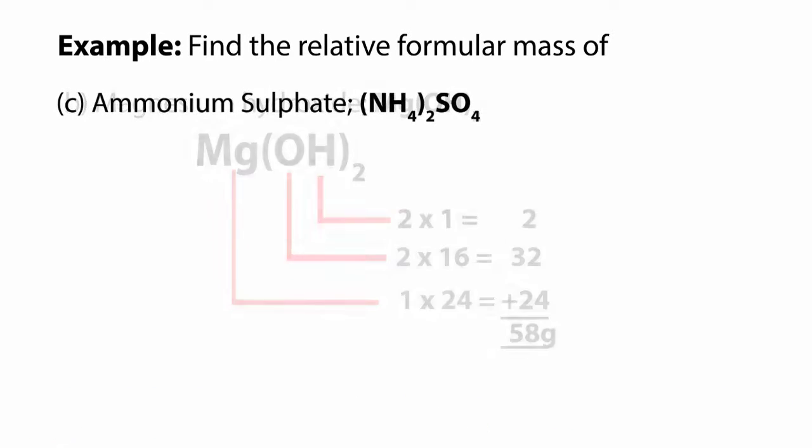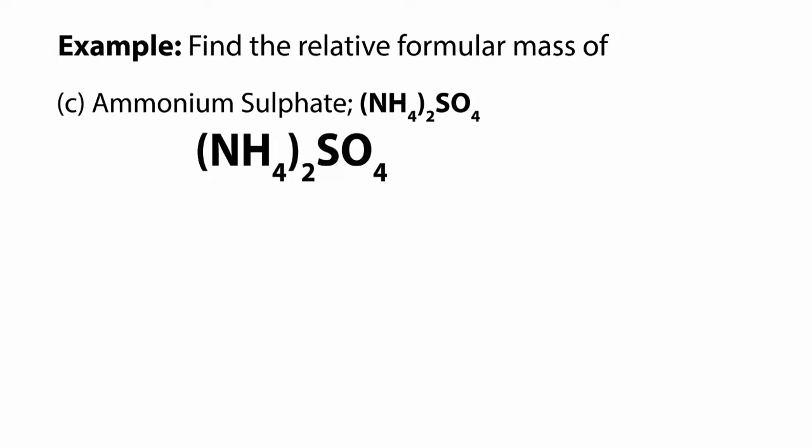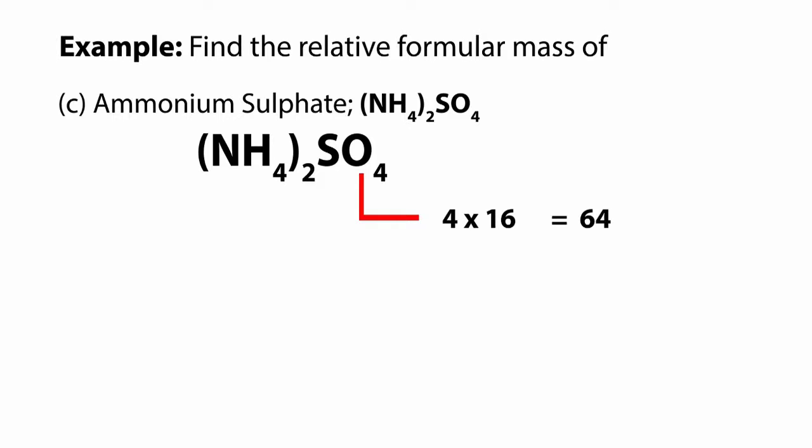Another example, let us find the relative formula mass of ammonium sulfate. In this compound we have 4 oxygen atoms, so it's going to be 4 times 16, which is the relative atomic mass of oxygen, giving us 64.